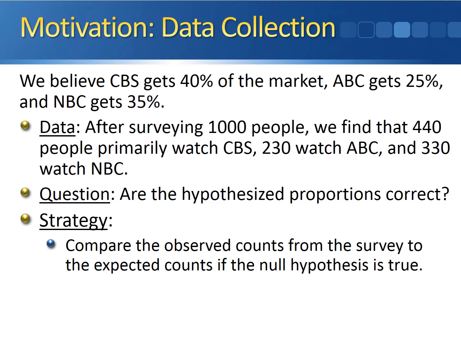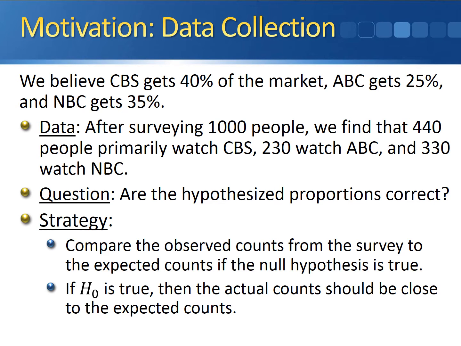How many people would we expect to watch CBS, ABC, and NBC if our hypothesized proportions are actually correct? If the null hypothesis is true, then the actual counts that we got from the above data should be close to the expected counts. They're probably not going to be perfect, they're probably not going to be equal, but they should be in the ballpark.